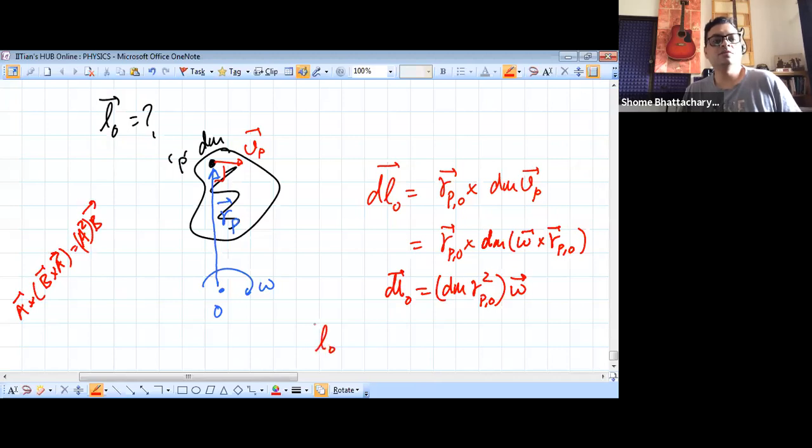So the angular momentum of the entire rigid body, the integrated sum of the angular momentum of all the particles, becomes the integral of dm r squared omega. Just write it in this order. Omega is a constant for the integration.